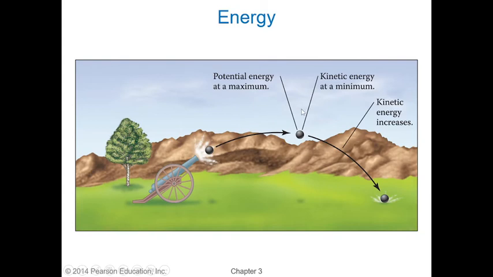And the kinetic energy is also at minimum. Then, habang bumababa na yung bola, the kinetic energy increases. Okay? So this is physics, but you don't need the intense explanation for this.